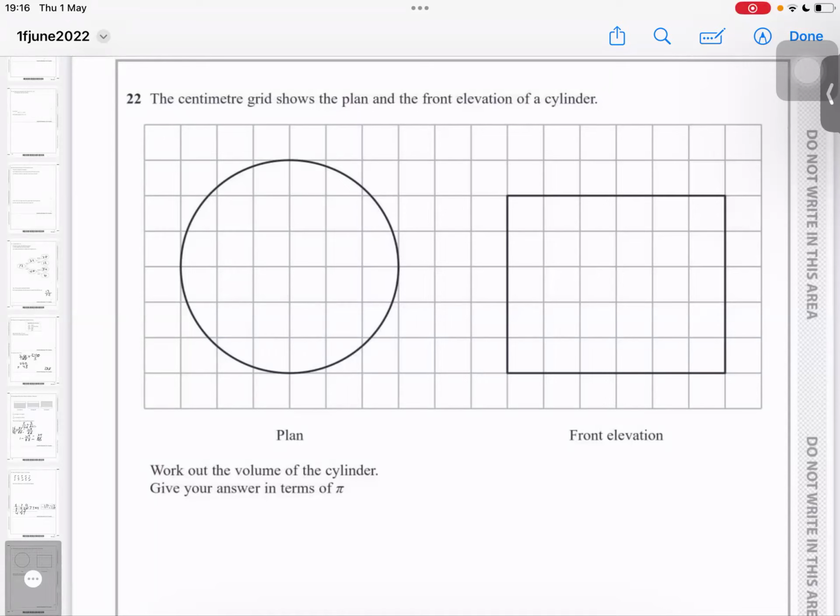Okay, all right. So that's it. The final answer for this is going to be 45 pi centimeter cubed, because it's a volume, cm raised to power 3.